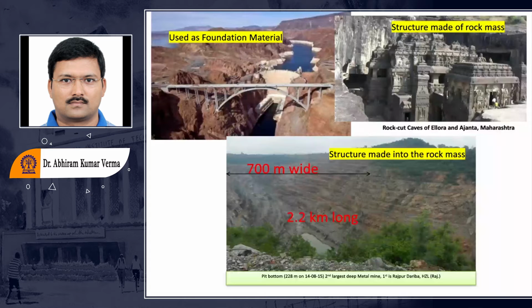Like you can see the bottom one, a type of mining. This is a type of mine called a shaft mine, and this excavation is almost 2.2 kilometers long and almost 700 meters wide.